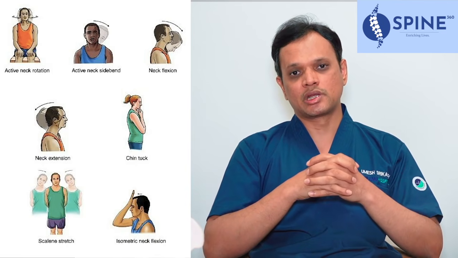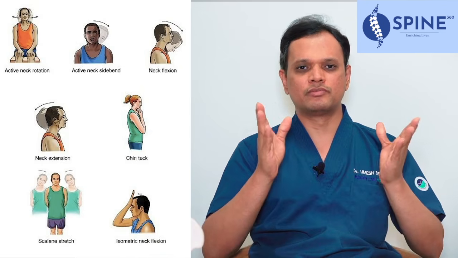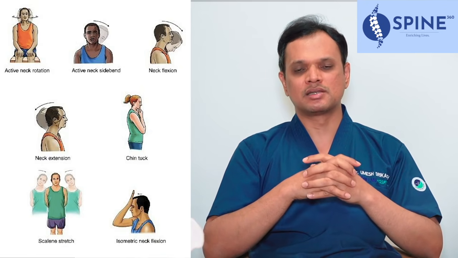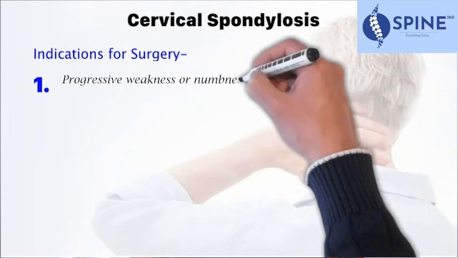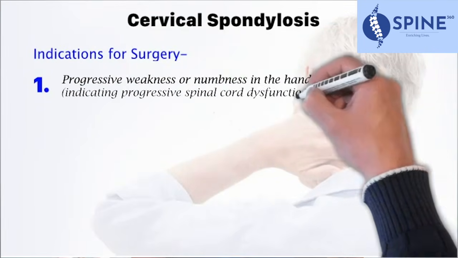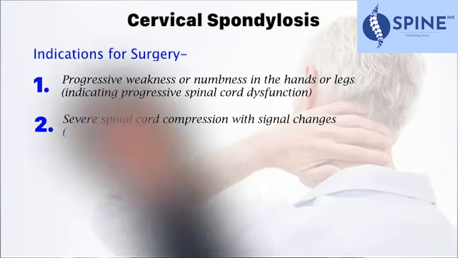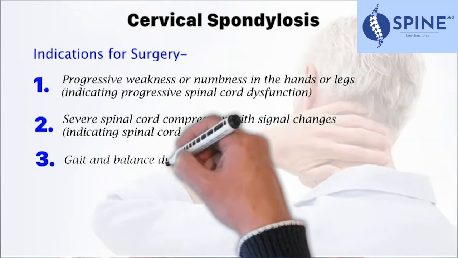Regular physiotherapy, that is morning and evening, just 5 to 10 minutes of neck exercises taught by a physiotherapist, can go a long way in preventing recurring episodes of neck pain or neck stiffness, and can also decrease the incidence of nerve involvement or spinal cord involvement in many of these cases. But yes, these are age-related changes, and as the age progresses, the symptoms or the disease also will progress.